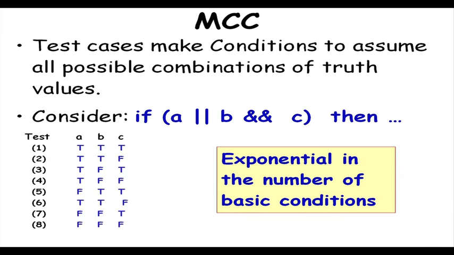The control action may depend on several conditions, and 20, 30 component conditions is very common in controllers, and there are also many other applications where we can have a compound condition involving 20 or 30 atomic conditions, and therefore, the multiple condition coverage becomes impractical. We need to somehow achieve the thoroughness of multiple condition coverage testing without really blowing up the number of test cases.